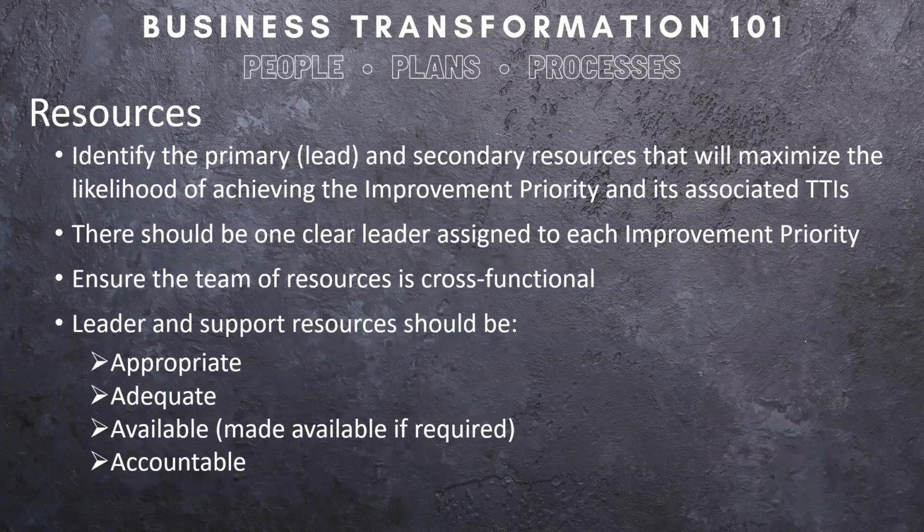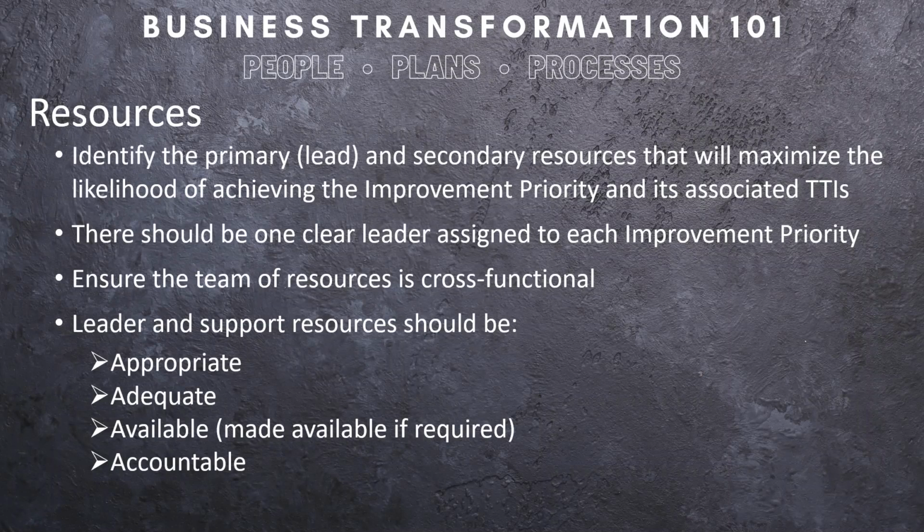To create accountability, each improvement priority has one clear leader. In addition to identifying the leader, the team identifies key secondary resources as appropriate for each improvement priority. The leadership team needs to balance resource allocation to ensure daily management maintains and incrementally improves the foundation of the business, while simultaneously achieving the diversity annual strategic breakthrough objective through the improvement priorities, along with any other annual strategic breakthrough objectives that the team has chosen to pursue.